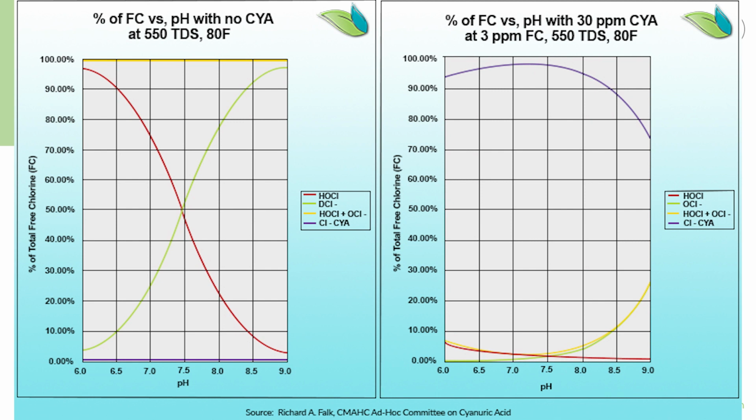What that's telling you is as the pH rises, hypochlorite ion, the weak form of chlorine, is starting to break away from CYA. It's starting to dissociate. When your pH is going high, in other words, chlorine is breaking away from CYA and getting destroyed by sunlight.